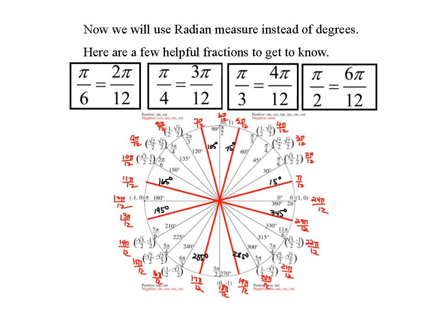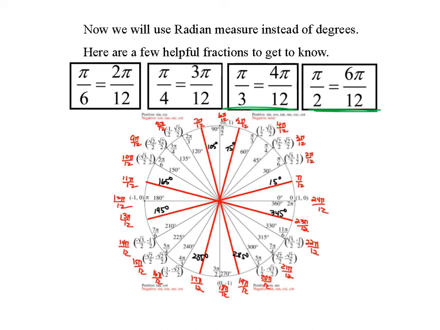All right, now we can also use these for radian measures. So remember, some helpful values to get to know are the simplified versions and then the unreduced versions of these fractions. So pi over 6 is equal to 2 pi over 12, pi over 4 is equal to 3 pi over 12, and so on and so forth. You can see that with those other values.